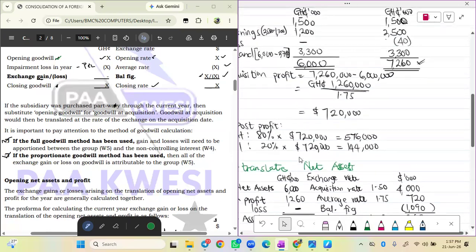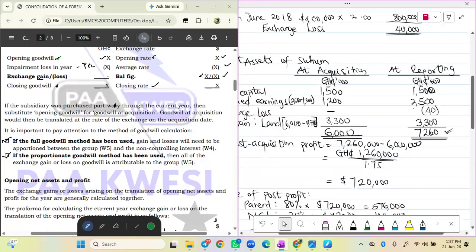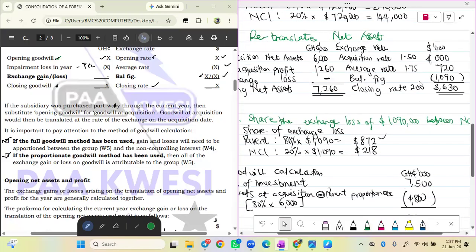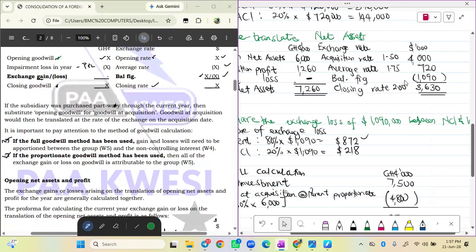And at reporting was what? 7260, but that one was in cedis. So multiply it with the net asset at reporting in dollars, the retranslated one. Please, are you okay with that one?